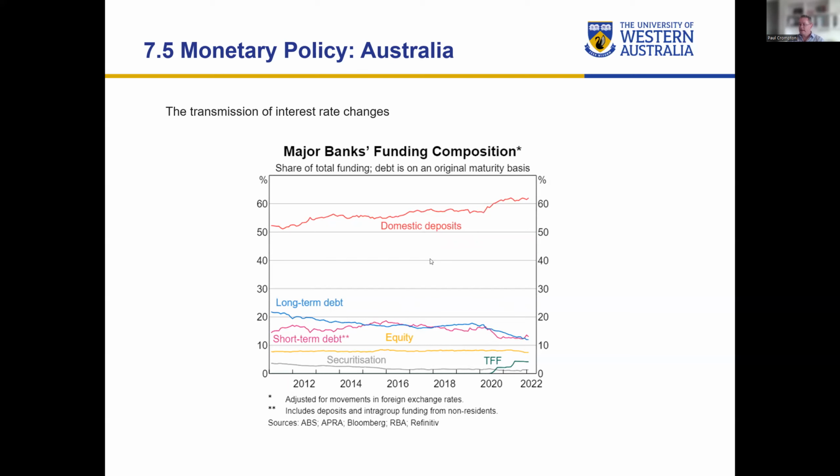So when the cash rate is being cut, we know interest rates on short-term debt are going to be falling one for one. When the cash rate is being cut, interest rates on domestic deposits are falling close to 1-for-1. Not exactly 1-for-1, but close, if you look at the data.